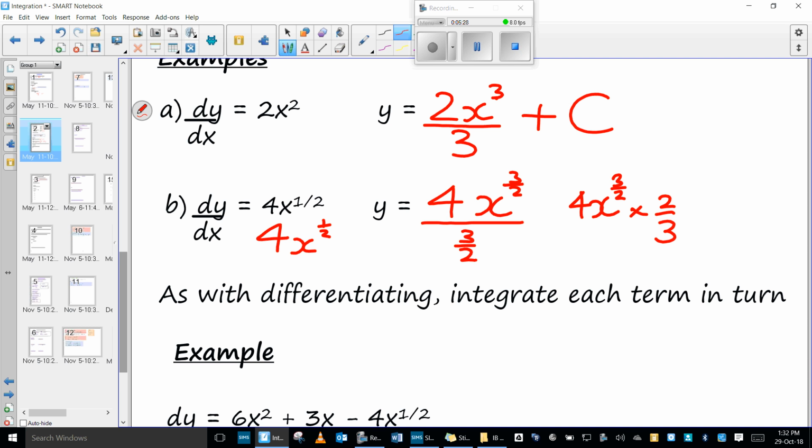Now, we're going to imagine that 4 is 4 over 1, because obviously we've got fractions involved here. So this is going to become 8 over 3 x to the 3 over 2, plus c.